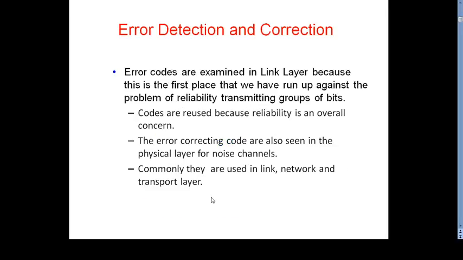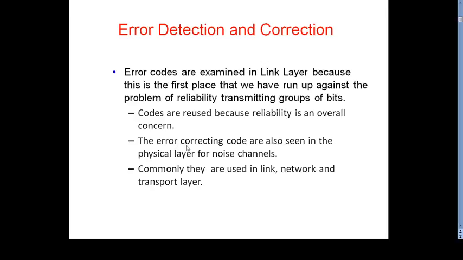Error codes are examined in the link layer because this is the first place we run up against the problem of reliably transmitting groups of bits, which are nothing but frames. Codes are reused because reliability is an overall concern.